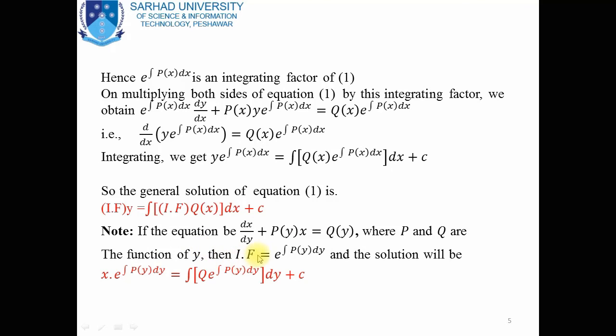Then the integral factor will be e^(∫p(y)dy), and the solution will be: dependent variable x multiplied by the integral factor is equal to the integration of the product of the q function and the integral factor with respect to y plus c.